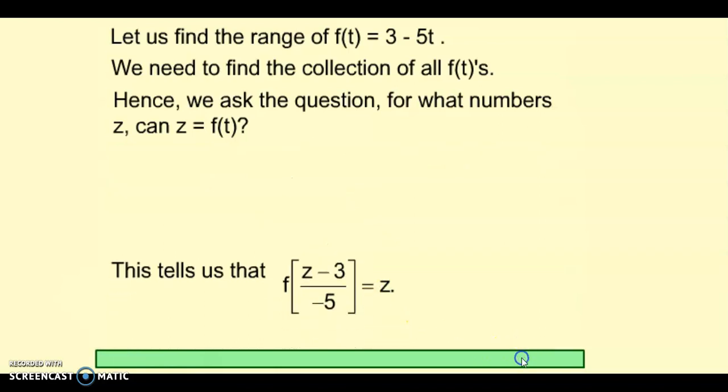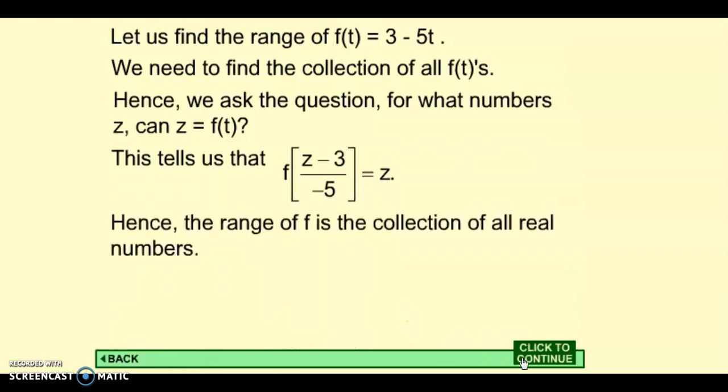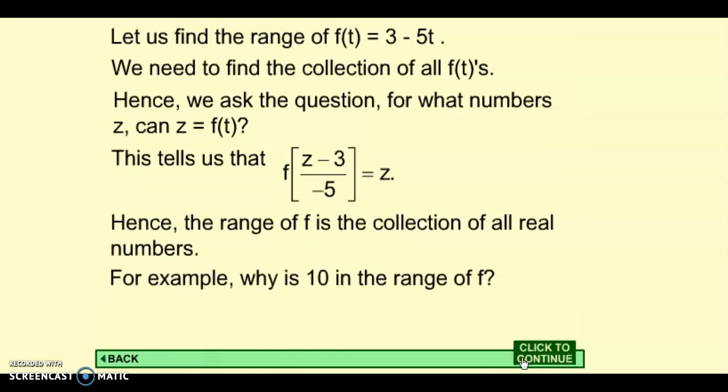Now, if we are choosing any number, hence the range of f is the collection of all real numbers. Let's take 10. Why is 10 in the range of f? This is just for verification, so that you can understand it clearly why any real number can be a part of its range.